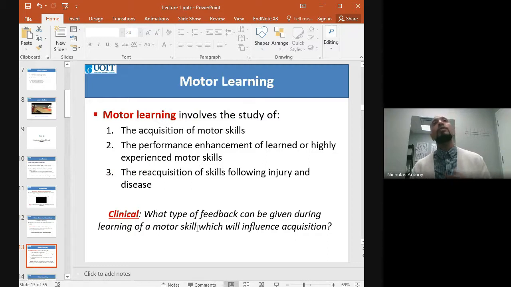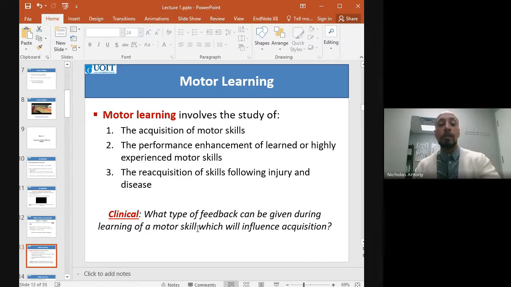Motor learning is evaluating the acquisition of motor skills. So what are the processes of us learning motor skills? How do we enhance the performance of learned or highly known skills? So how do we take someone that's good at something and then optimize them into even better performance? We also want to look at the reacquisition of skills following injury or disease.